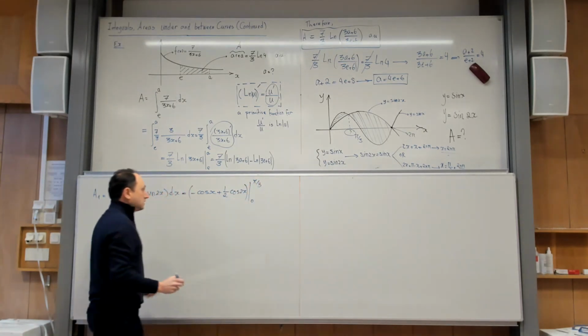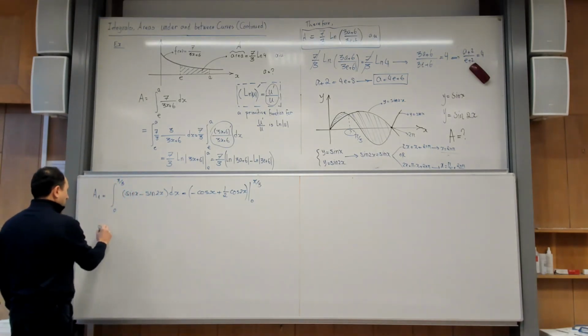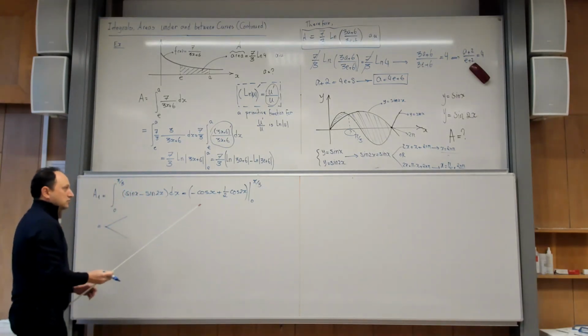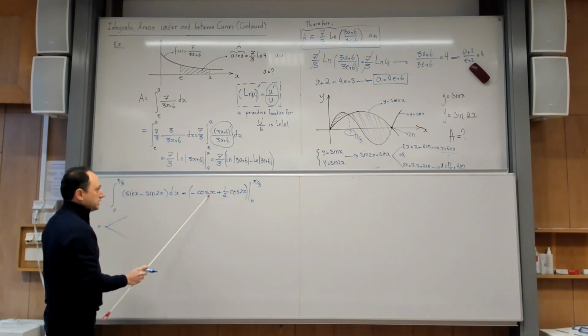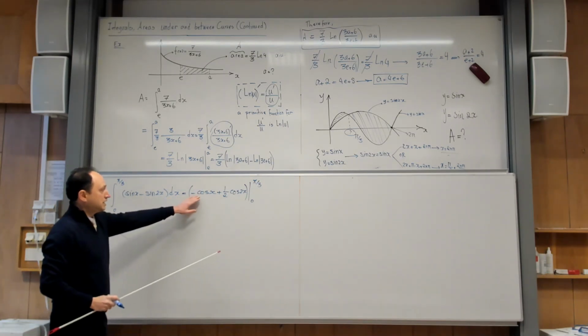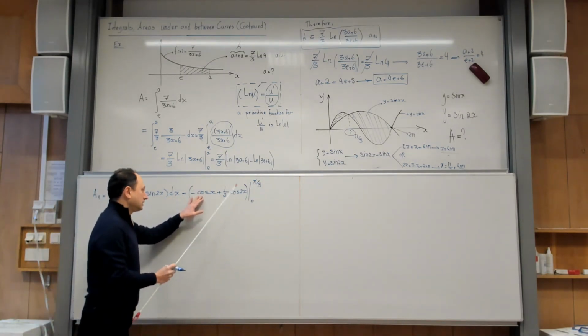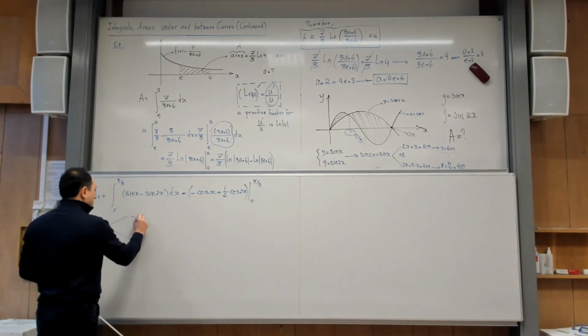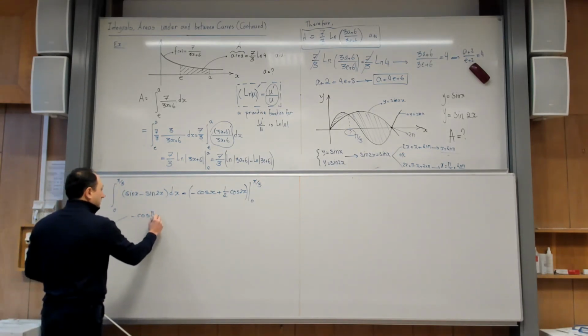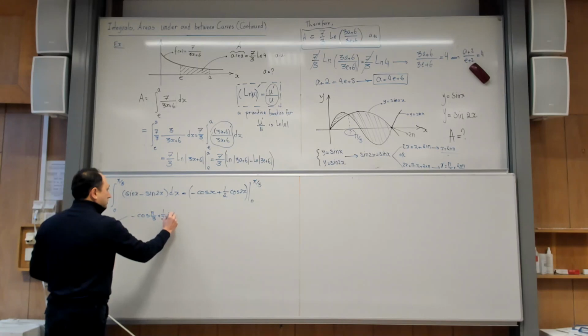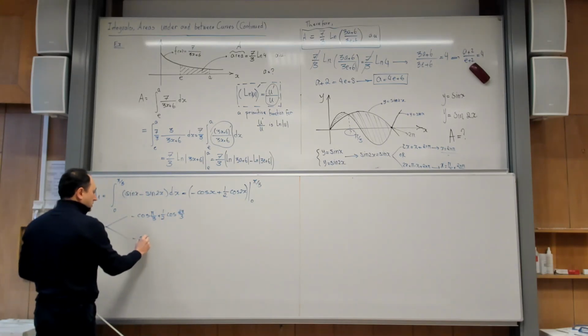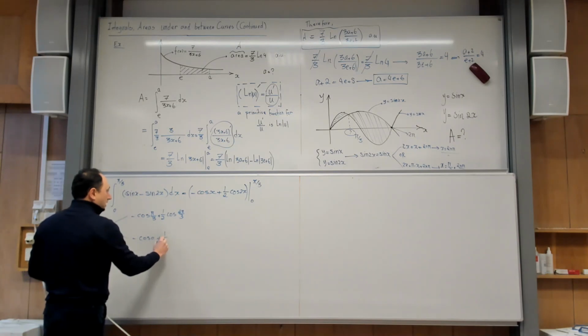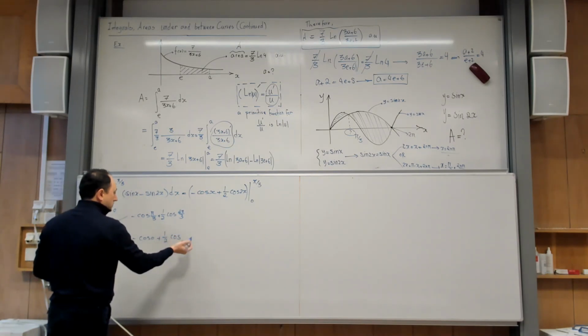So this means that I replace x with pi over 3, let us do it in our head. It becomes minus cosine pi over 3 plus 1/2 cosine 2 pi over 3. And then I place 0: minus cosine 0 plus 1/2 cosine of 2 times 0, which is of course 0 again.